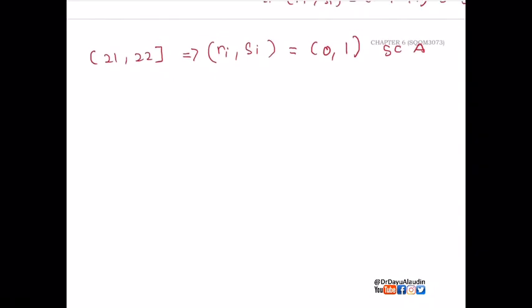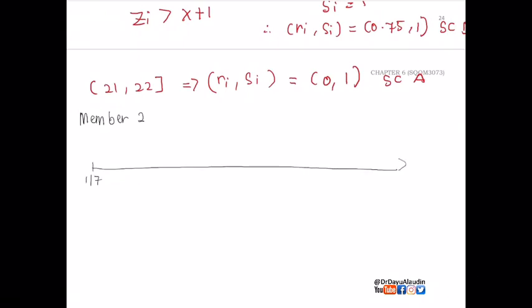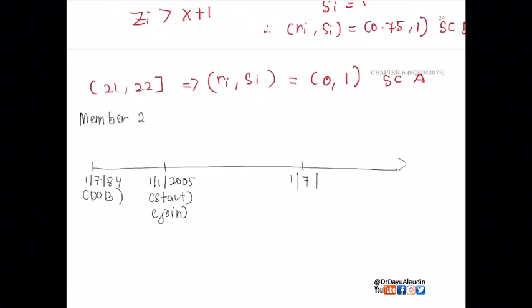So let's try member 2. Member 2 was born 1st July 1984. On 1st January 2005 the observation starts and he joined on the same date, and the observation ends at 1st July 2006.